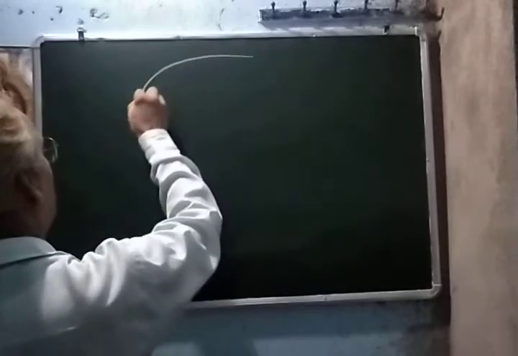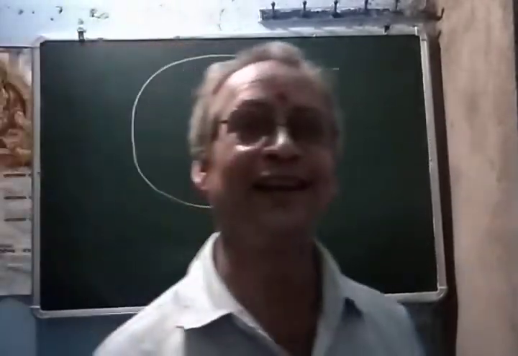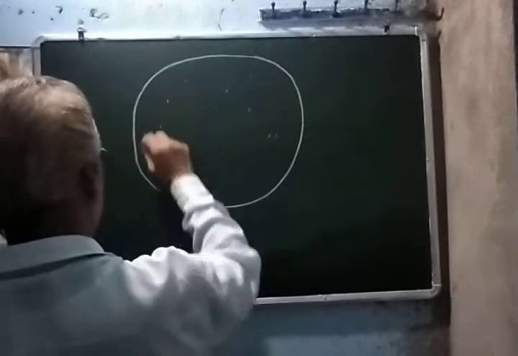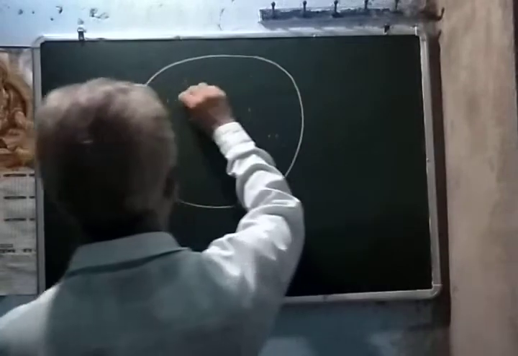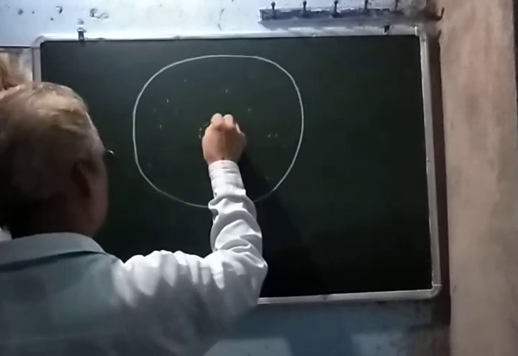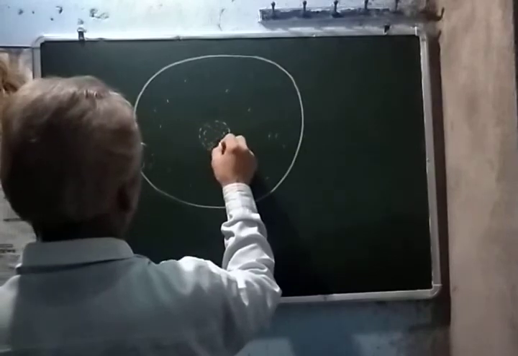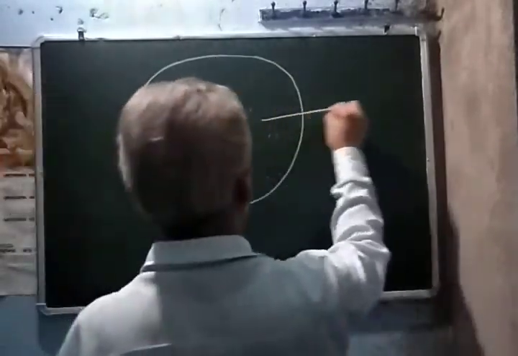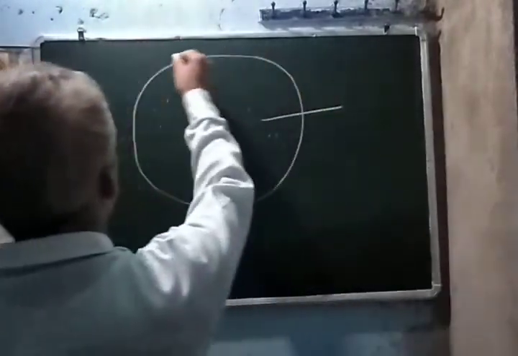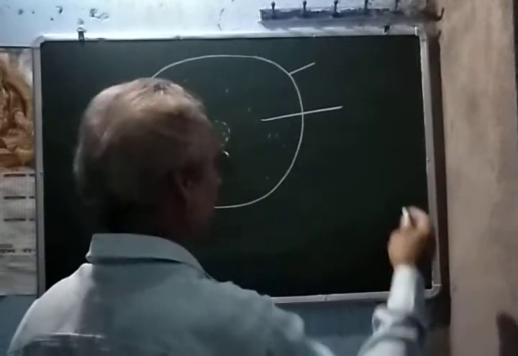Each cell is surrounded by a membrane or layer and filled with a dense liquid or fluid-like substance, which is surrounded by a boundary layer called the cell membrane.